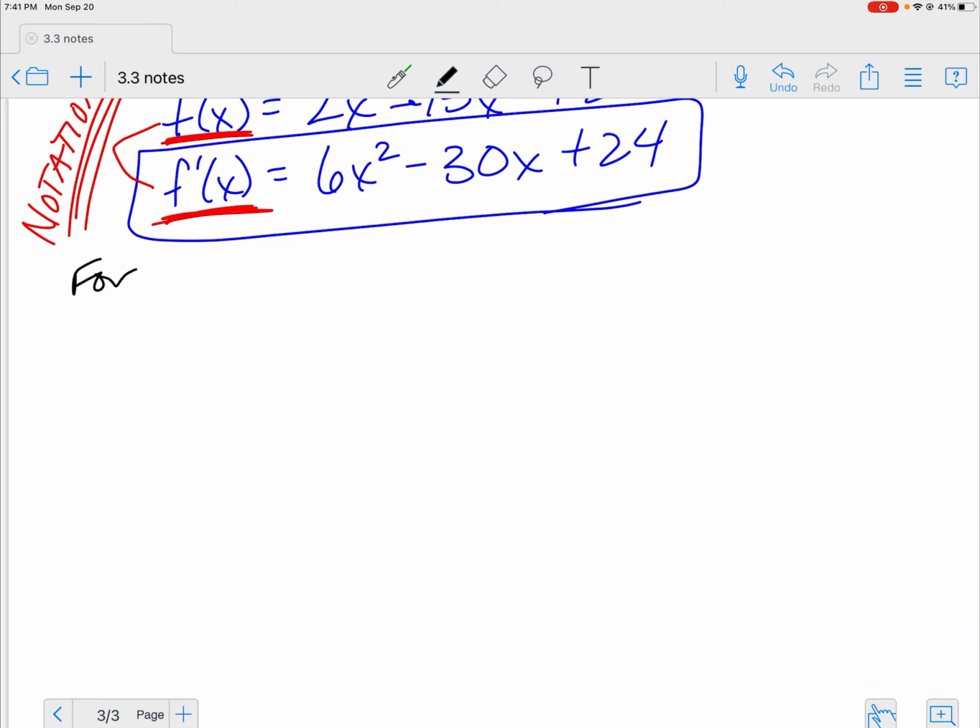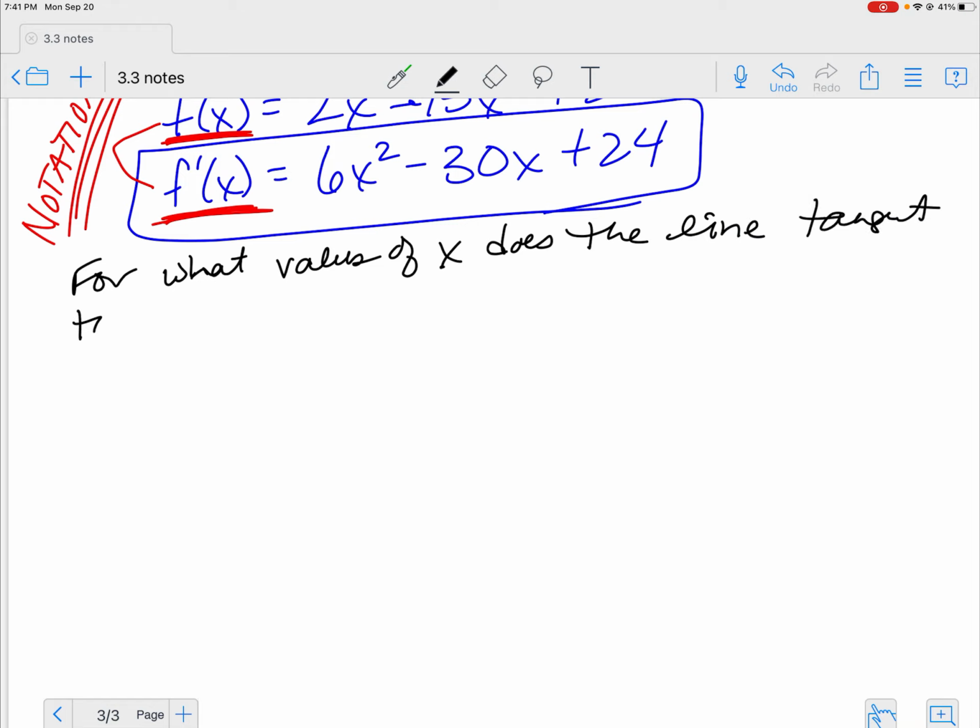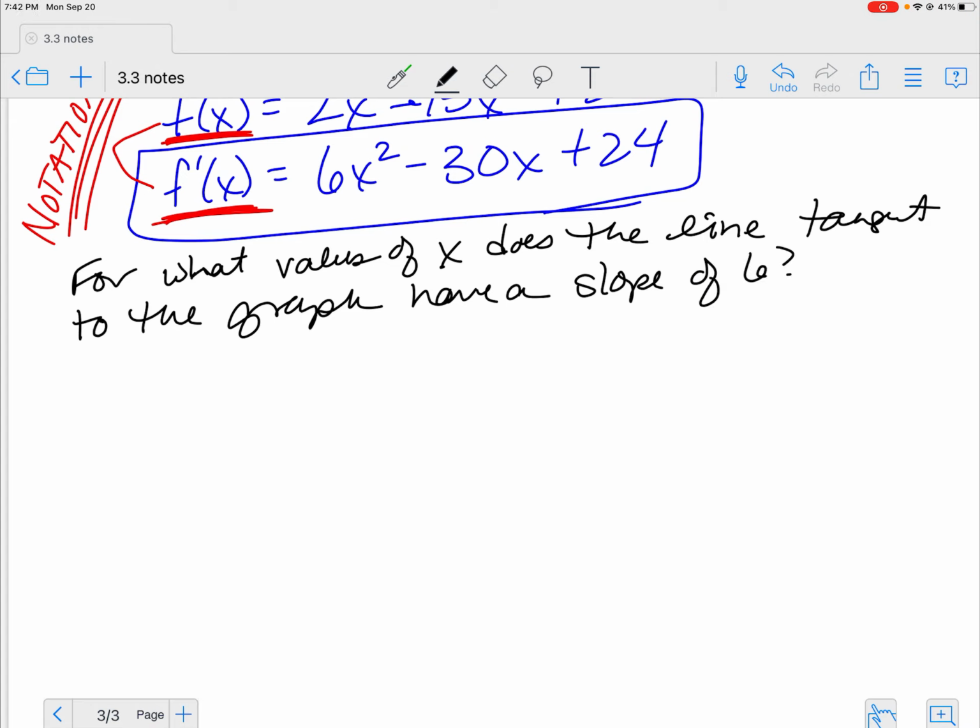Here's a question. For what values of x does the line tangent to the graph have a slope of 6? What are we talking about? Tangent slope. What is that again? That's the derivative.